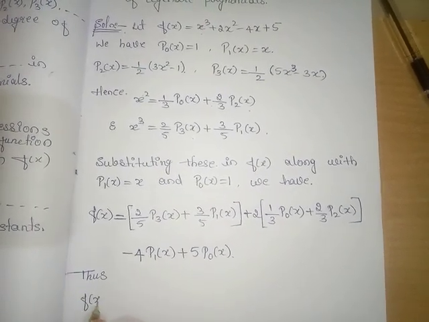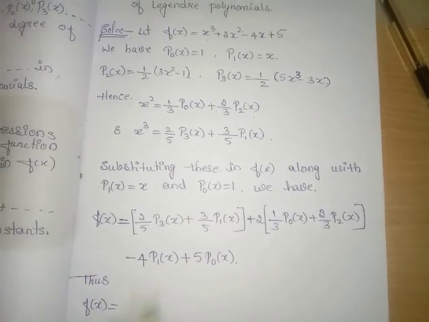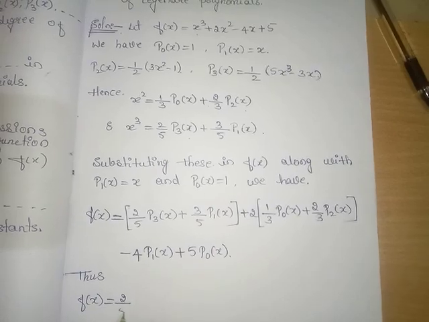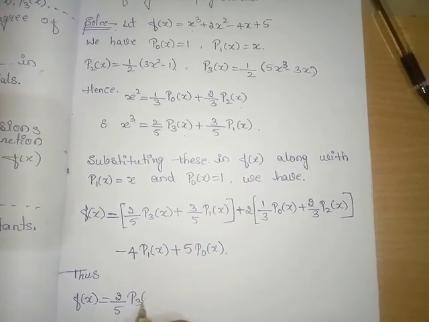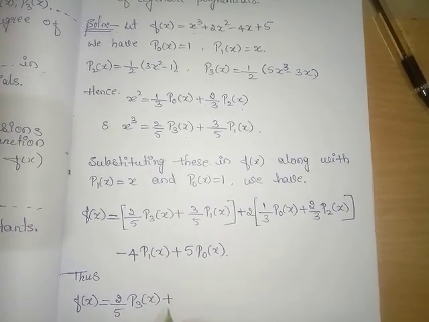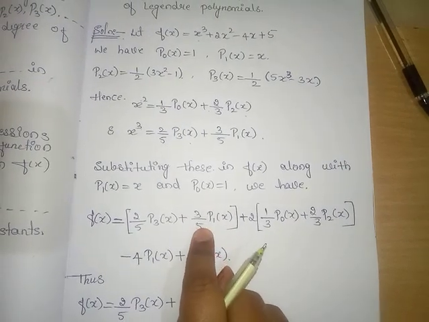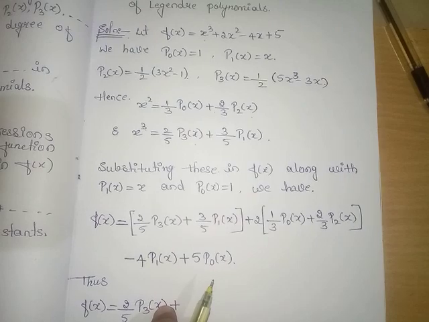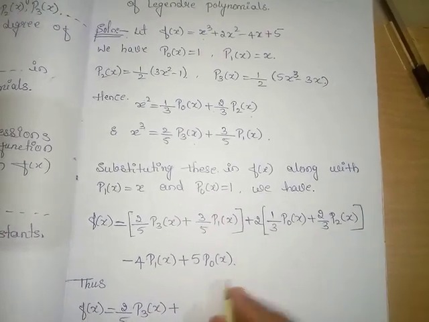Thus f of x is equal to 2 by 5 P3 of x. After P3 of x we have P2 of x.